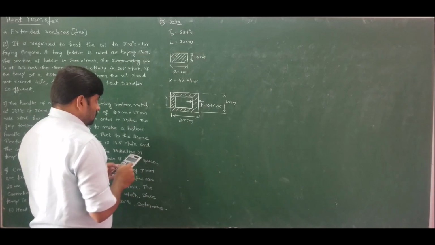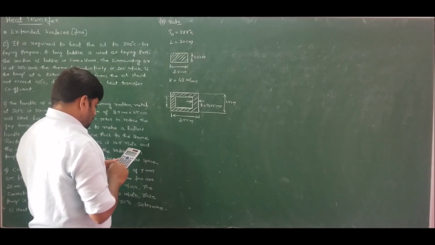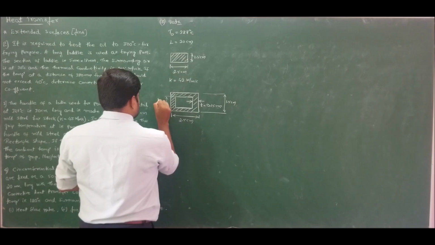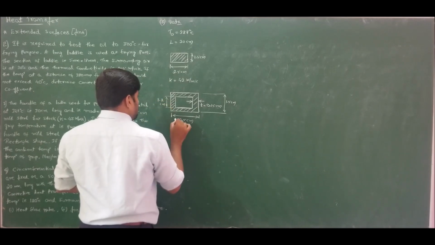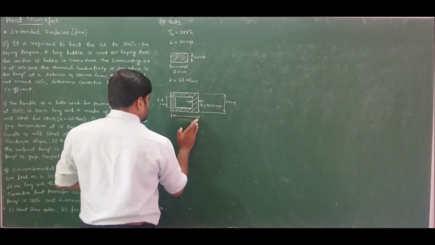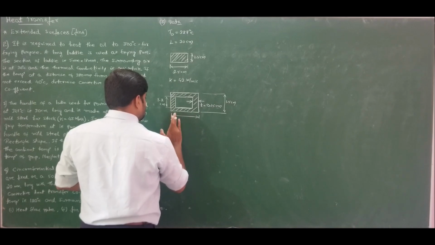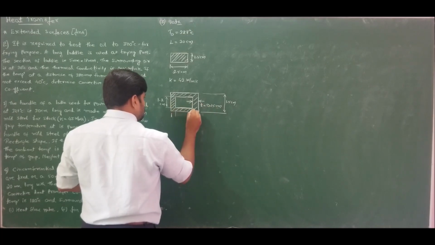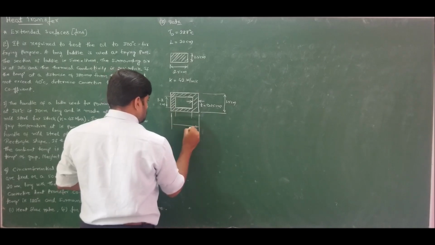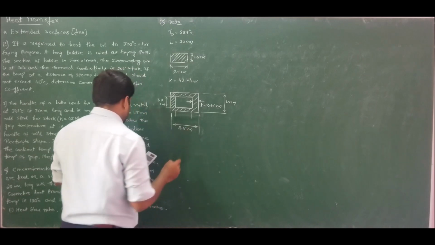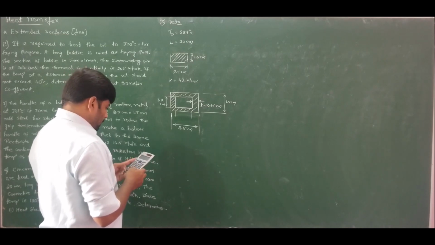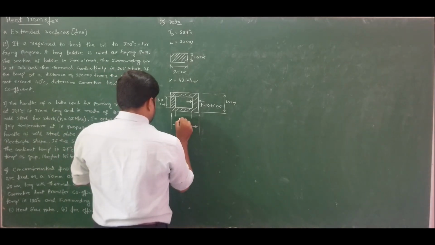So therefore the inner hollow space will become 1.5 centimeter minus 2 times 0.15, which is 1.2 centimeters, and the width, which is 2.5 centimeters, will become 2.5 minus 2 times 0.15, which is 2.2 centimeters.